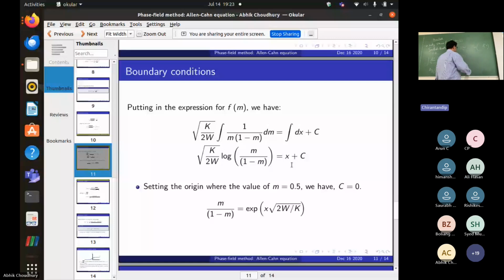So you'll get exponential of, okay, you'll get this. How does this function look?